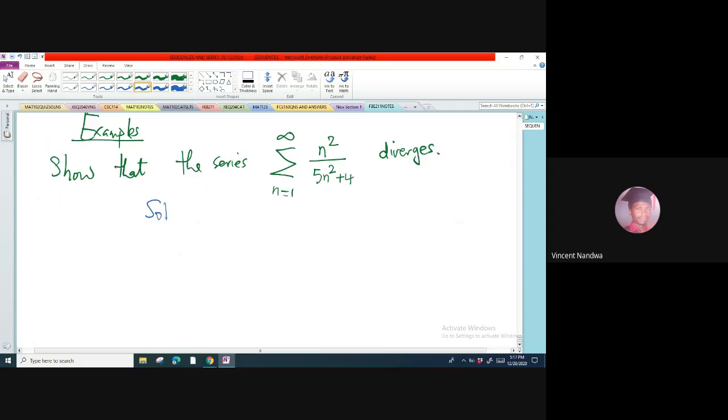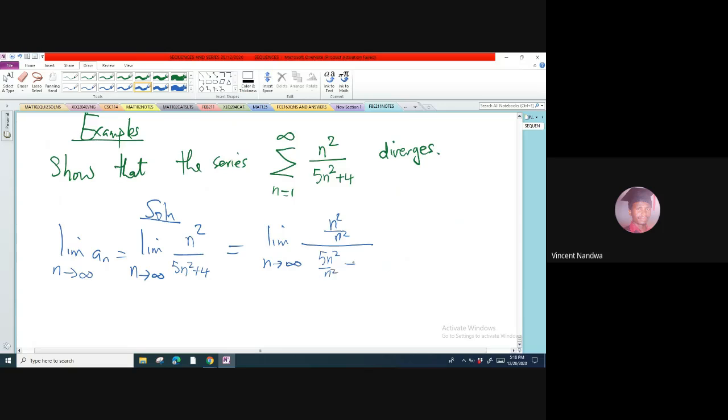So solution for this, limit as n approaches infinity of an will be limit as n approaches infinity of n squared over 5n squared plus 4, which is the same as limit as n approaches infinity of n squared over n squared, over 5n squared over n squared, which is limit as n approaches infinity of 1 over 5 plus 4 over n squared.